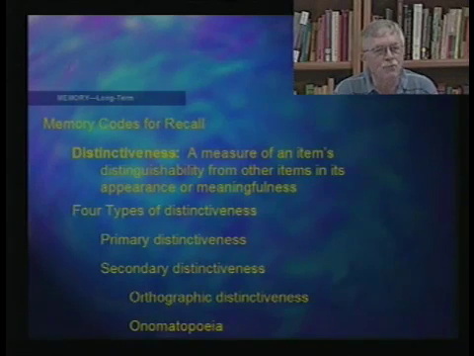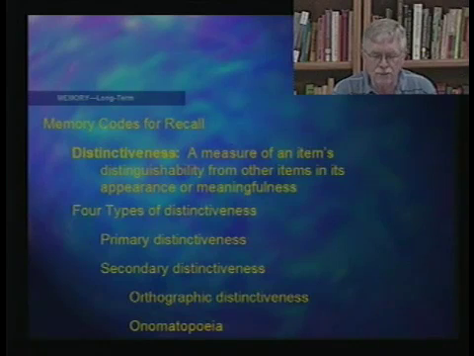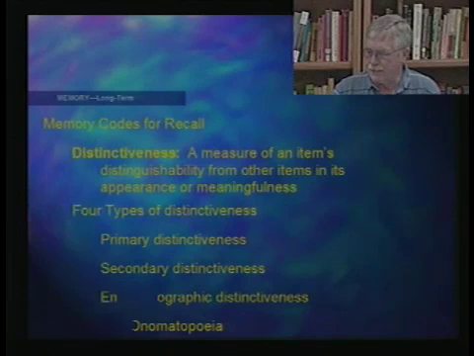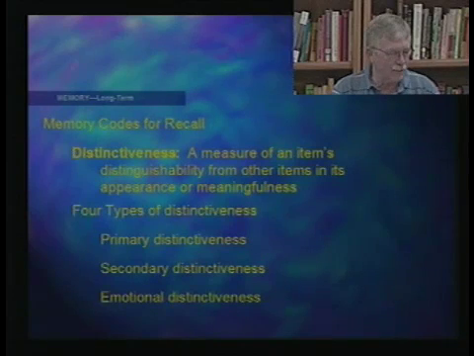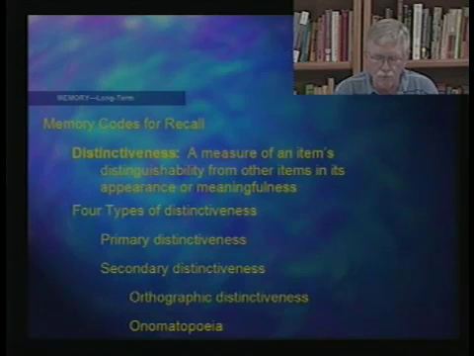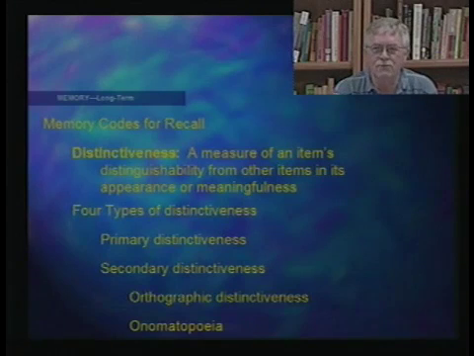There's another way that we can also make words secondarily distinctive, and that is to engage in what's called onomatopoeia. In onomatopoeia, what we're dealing with there is a word that sounds like that to which it refers.